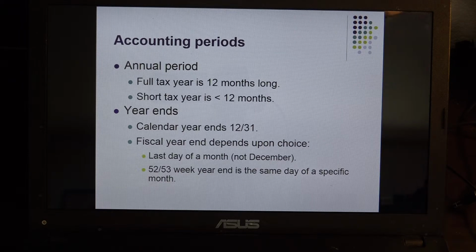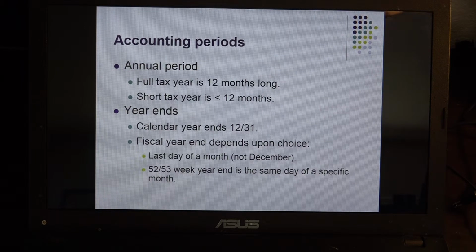The first thing you have to do is figure out what type of business you are. If you're a sole proprietorship, you've got to do calendar year end. If you're a flow-through entity, you have to adopt a tax year that's consistent with the owners' tax years. If you've got individual owners, you have to consider their tax years.